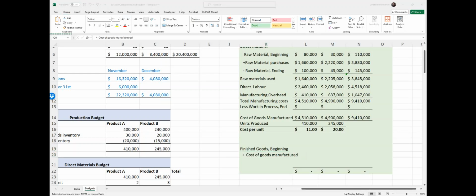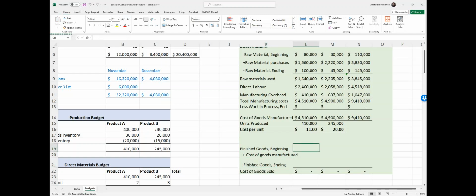And subtract our finished goods at the end, and that will give us our cost of goods sold. So our finished goods at the beginning, our cost of goods manufactured, and our finished goods at the end.